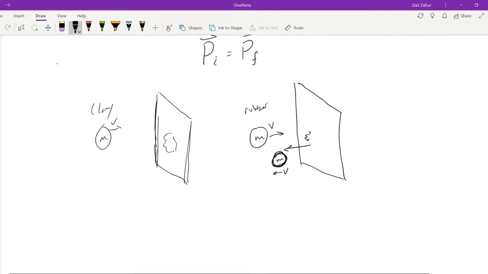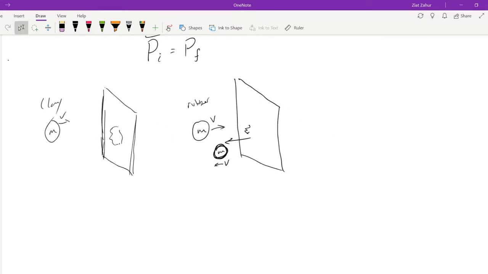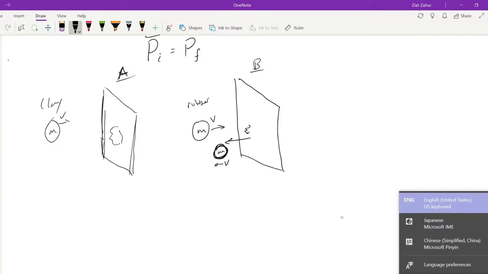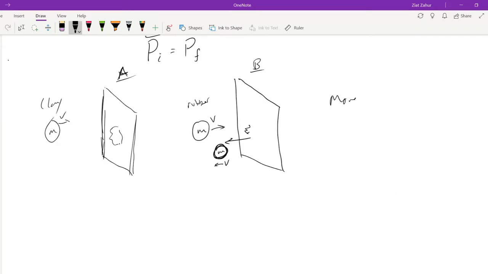Which one does more damage? Which one is more likely to break our window?